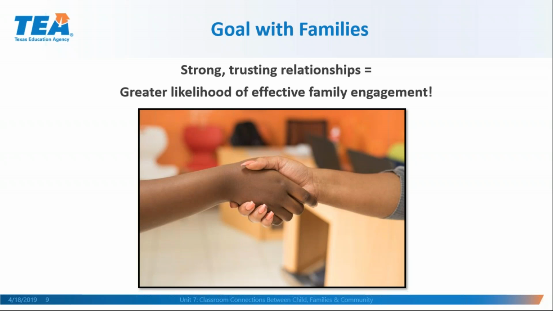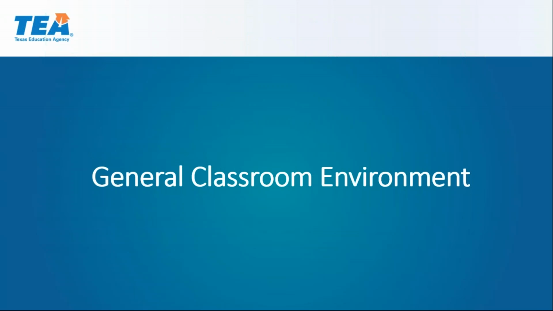And if we can build that with families, there is a much greater likelihood that family engagement will actually occur. So what we're going to really look at today is the classroom environment. We're just talking about the general environment of the classroom and how that can help families feel comfortable.